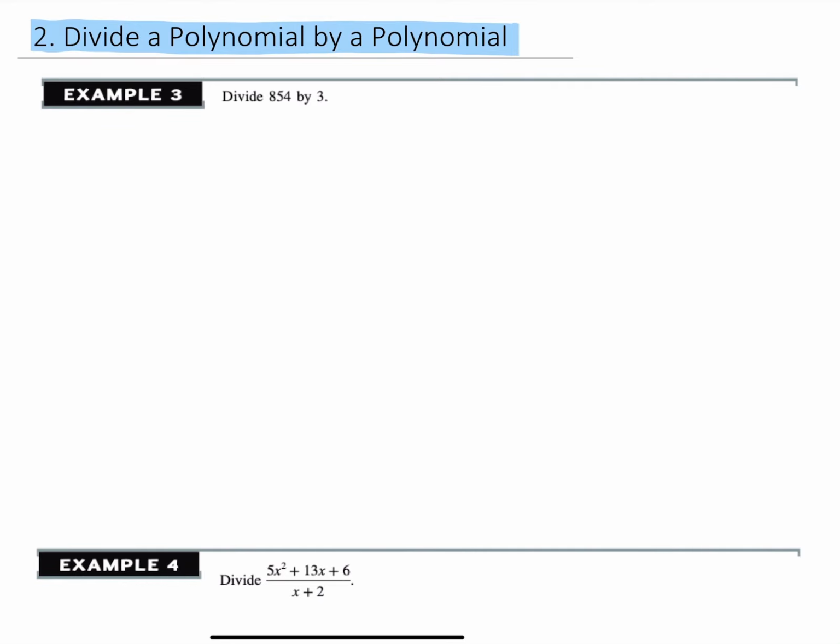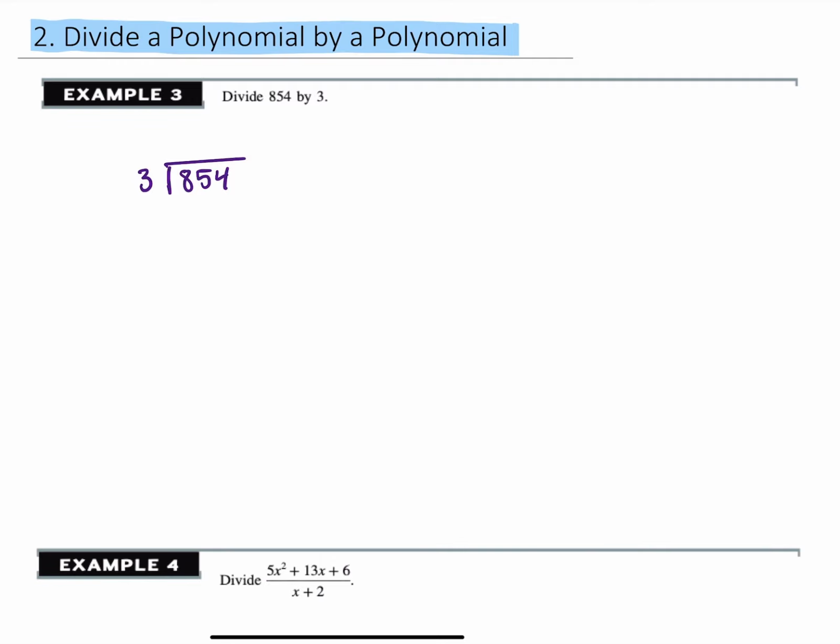We're going to do 854 divided by 3. So usually start by looking at what's on the outside, and I think 3 times what, or how many times can I multiply 3 by something to be equal to or less than 8?